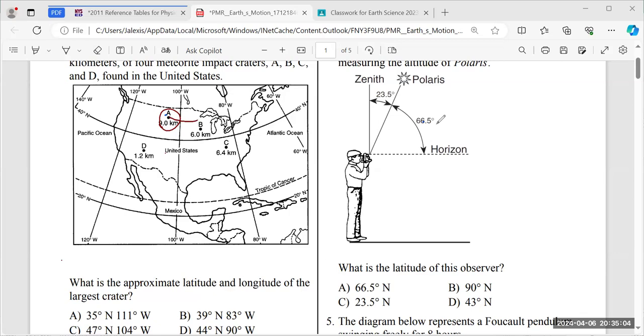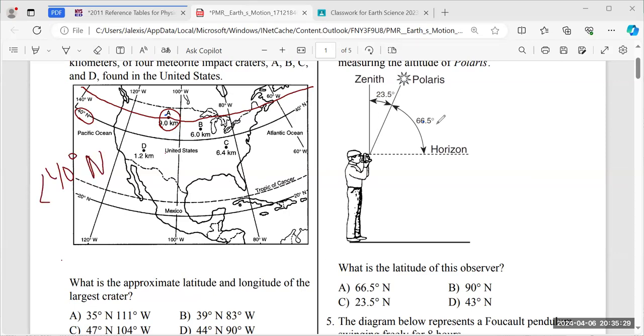Notice how I'm also curving my lines. I'm measuring the latitude because my latitude lines right here give me a curve. So my latitude has to be bigger than 40 degrees north.